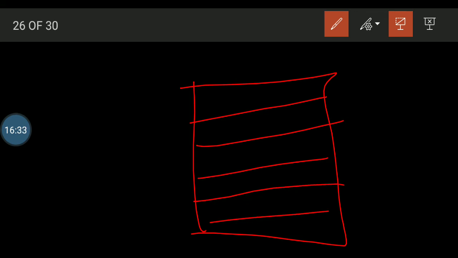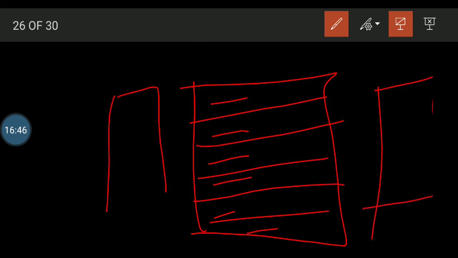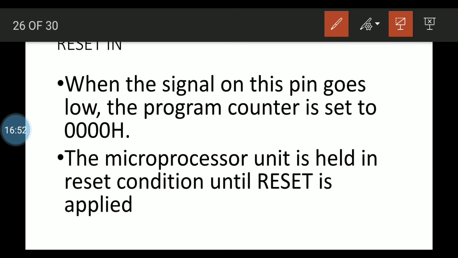After all the records have been completed, he resets: all the records get emptied. Similarly, the program counter will go to the state of 00.